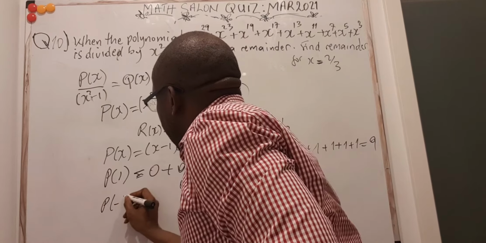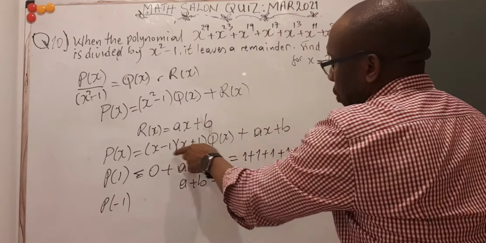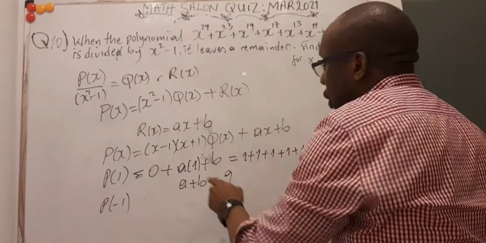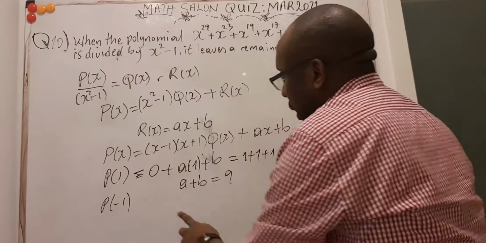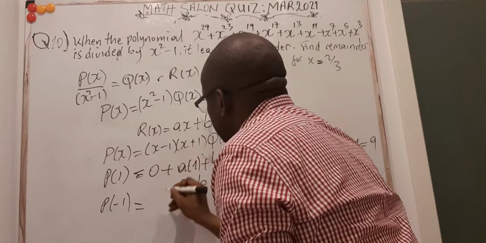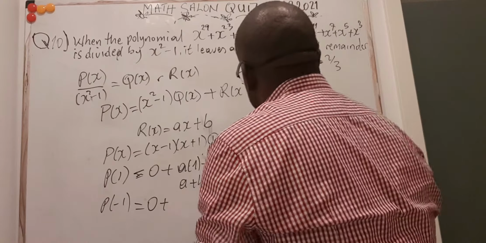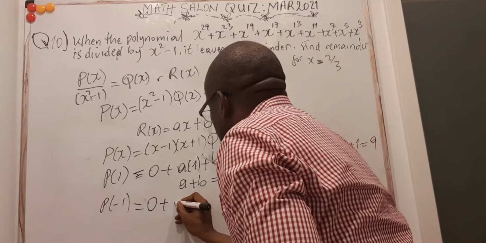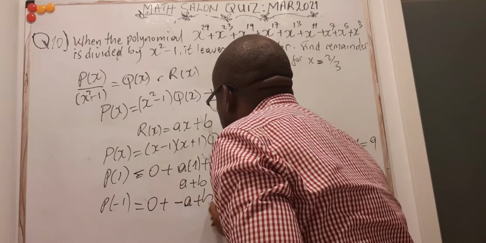If I do p of minus 1, because it's also divisible by that factor, I can get that form here. So once again, 0 here, plus, this time it's minus 1, so this will be minus a plus b.